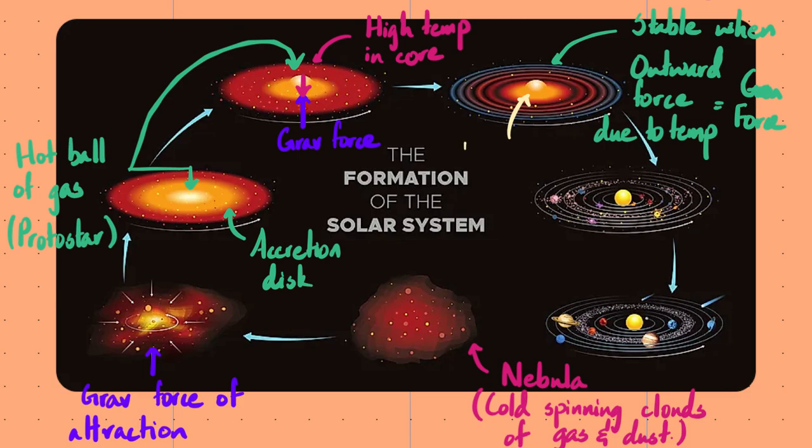So यहाँ पे hydrogen is adding up to give us helium. इस process का नाम था nuclear fusion. And nuclear fusion also releases a lot of energy. And this is what is going to basically exert the outward force due to the high temperature. And जब ये force is going to be equaled by the gravitational force which is pulling it inwards, this is when the star becomes stable.